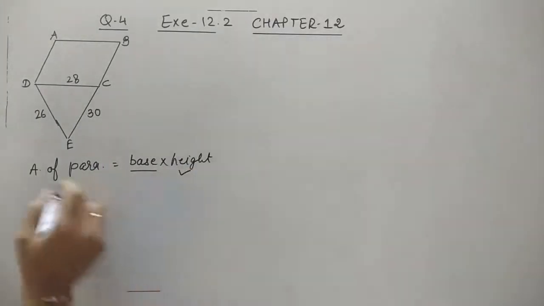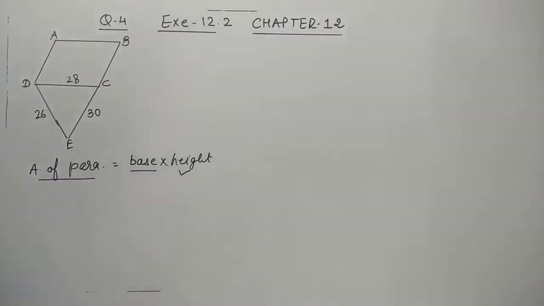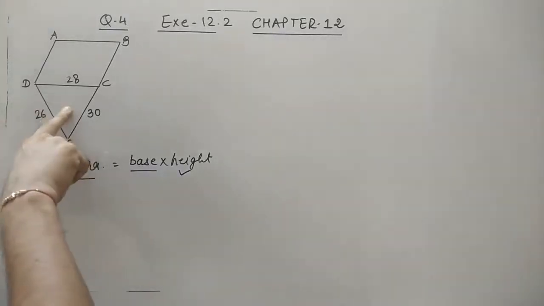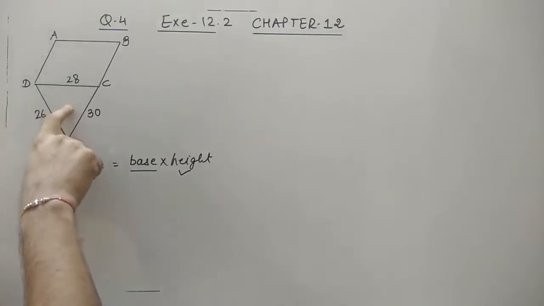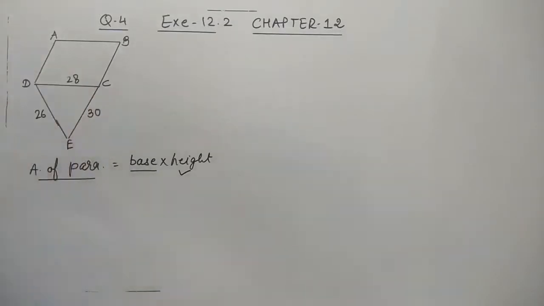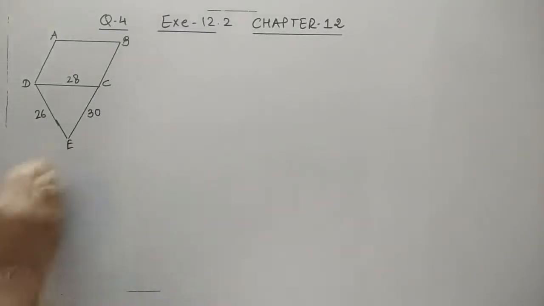When can we get the height? If we have the area of the parallelogram. In the question they have given that this triangle DEC and this parallelogram have the same area. So let's find out the area of this triangle using Heron's formula. Then we'll compare the area of triangle and parallelogram to find out the height.